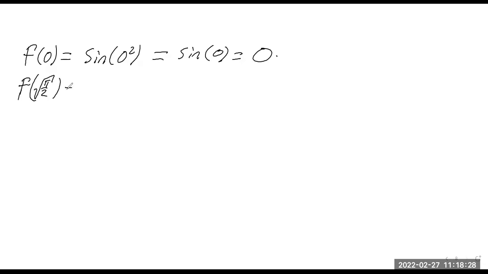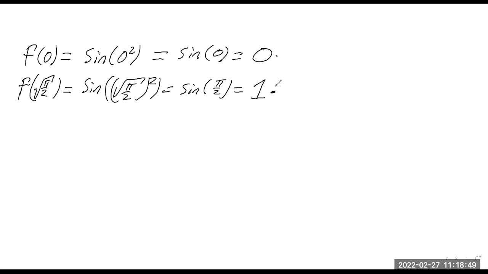Now, the only critical point I found on this region was the square root of pi over 2. Well, that's sine of the square root of pi over 2 squared. That's sine of pi over 2.